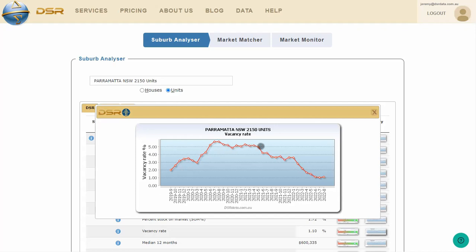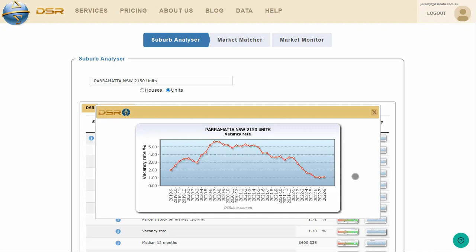But there hasn't been much development since the glut, and instead there's been a nationwide rental shortage. And you can see this in the historical chart. There's a clear trend of reduced supply of unit rentals in Parramatta. There was news in the property investment community about the oversupply of units in Parramatta, but now you can see that oversupply has been absorbed.